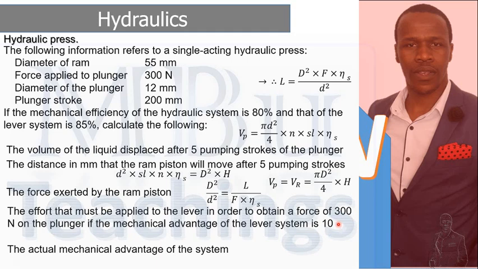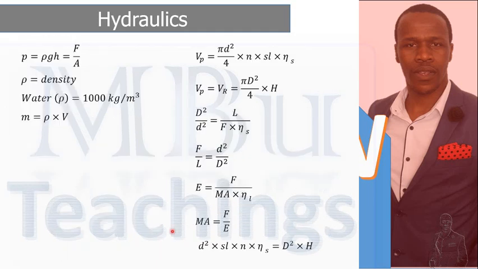So which formula can we use to find effort? Obviously from N1 and N2, you knew a force to do that to be this one. But now since we have the efficiency, we will use this one because we are given the efficiency of the lever. So this is the formula that we will use to find our effort.